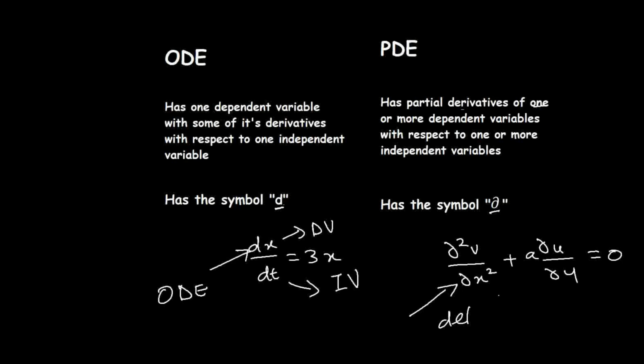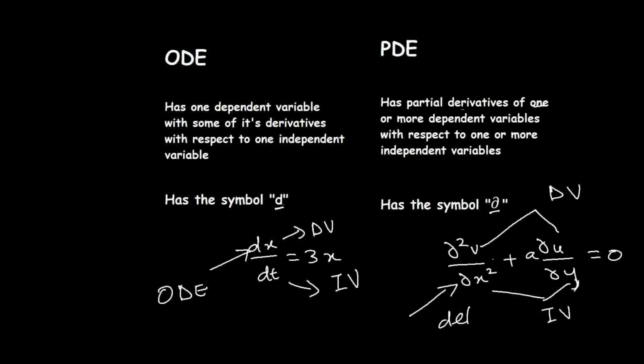Also, we have two independent variables here and two dependent variables. I can read this as the second partial derivative of v with respect to x plus a multiplying the first partial derivative of u with respect to y.